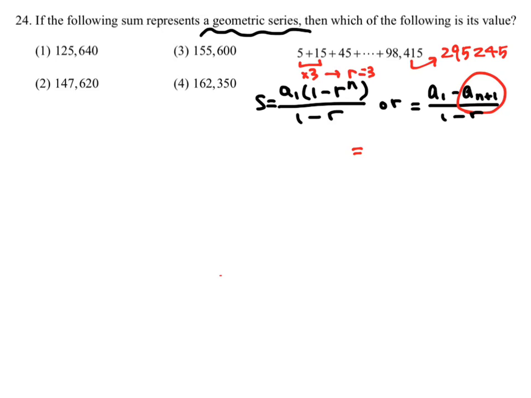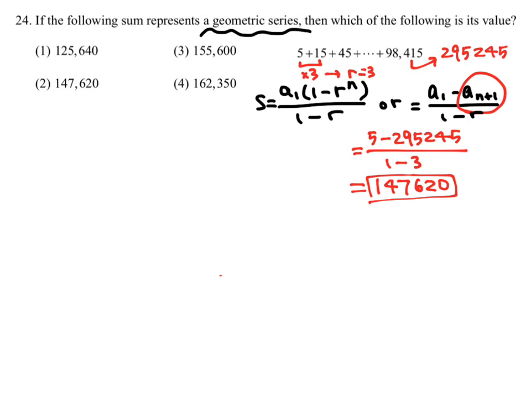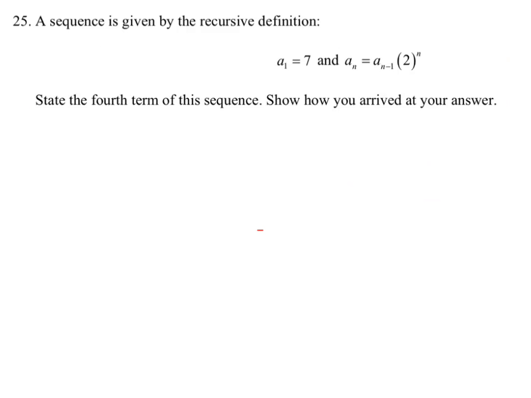So using that number, we should be able to complete our sum over 1 minus 3. Then what we end up getting is this value. We got it from a calculator. Therefore, choice 2 becomes the answer. All right, let's move on.